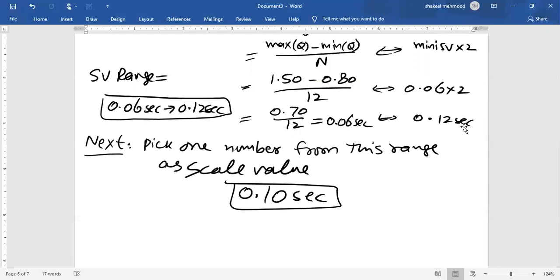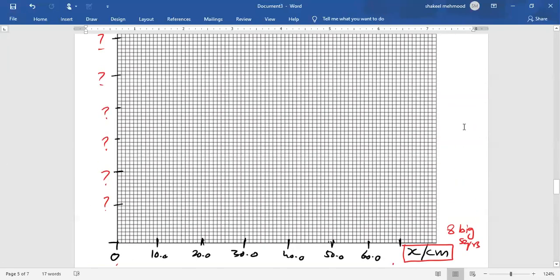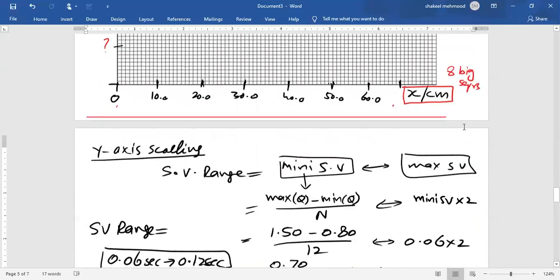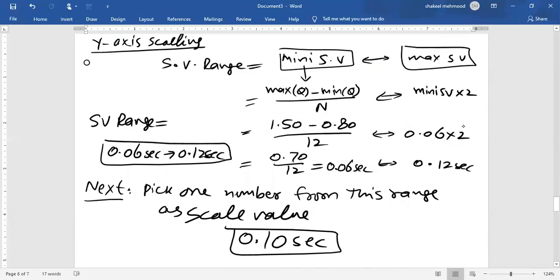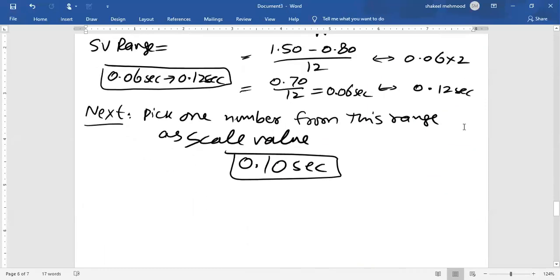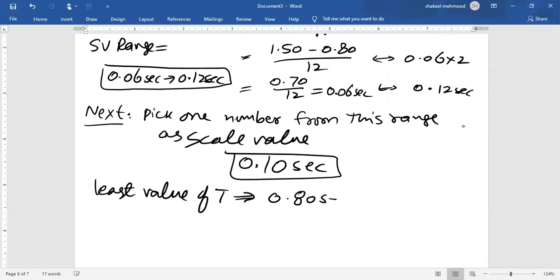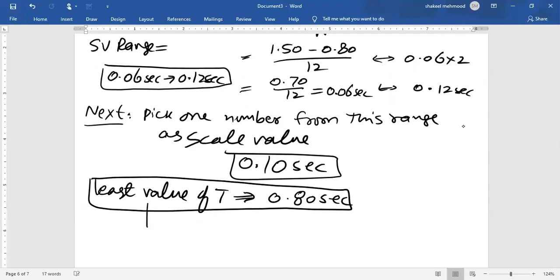So it means along y-axis, you have to keep the value of each square as 0.10. But here is another important thing. What is the least value of time? In my data, it is 0.80 seconds. So I'm not supposed to start the origin from 0.